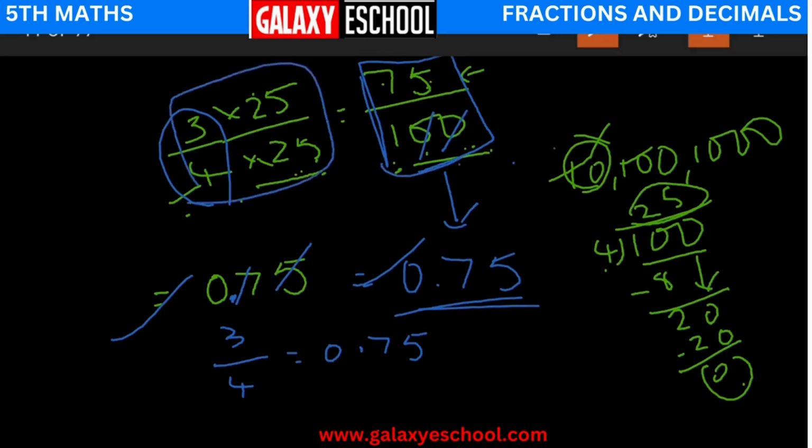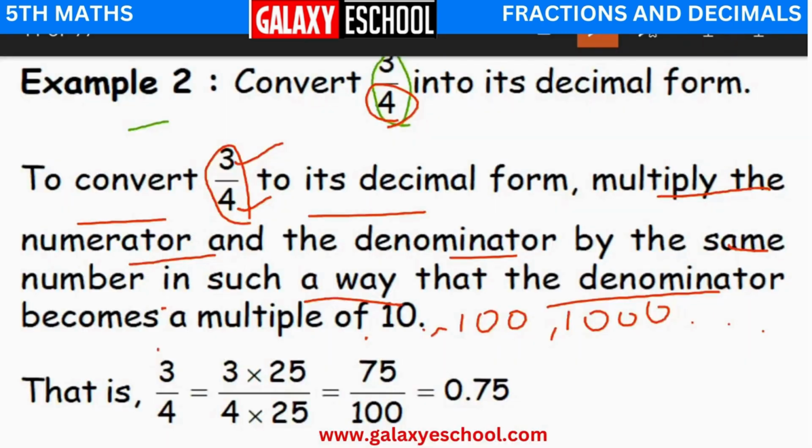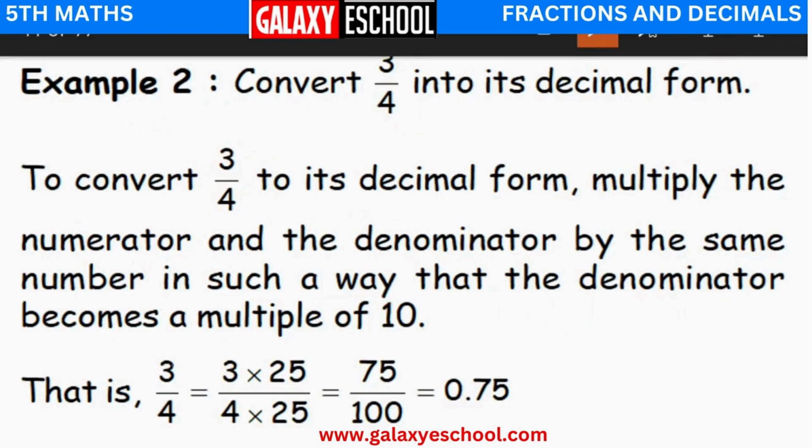But before getting 75 by 100, we need to find the equivalent fraction so that the denominator is either 10, 100, 1000, etc. To conclude, what did we do? First, we had 3 by 4. Then we multiplied both 3 and 4 with 25. Why only 25?